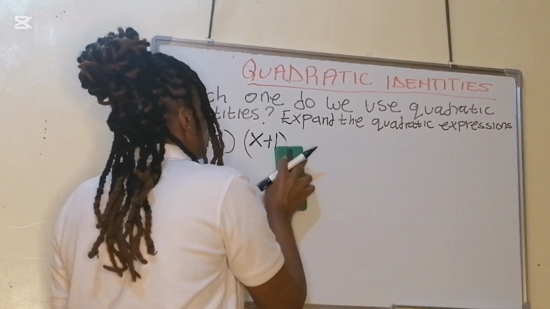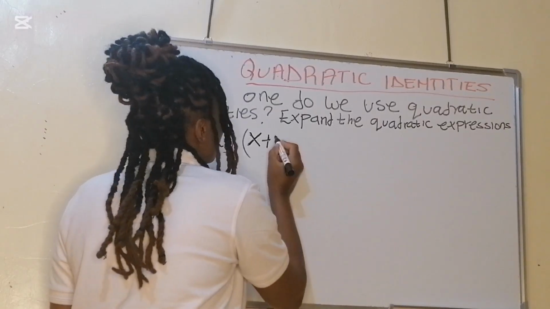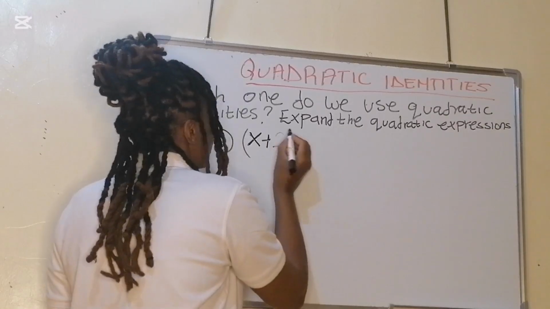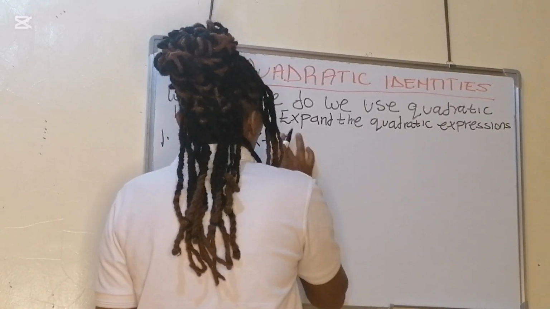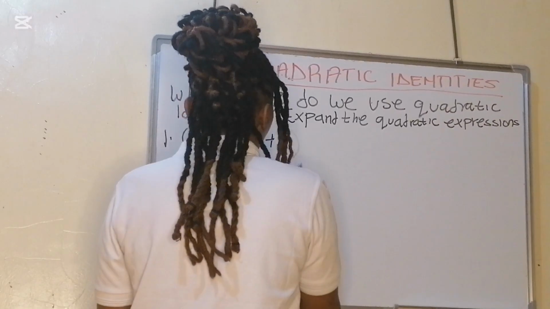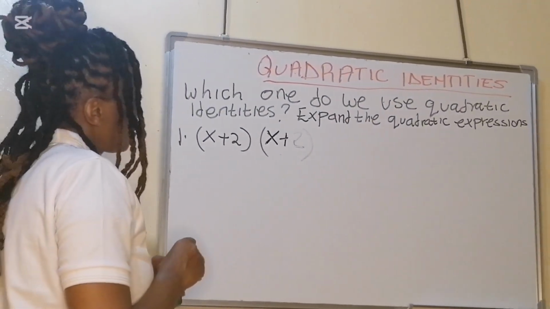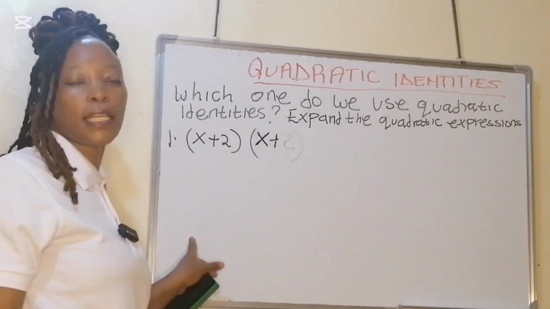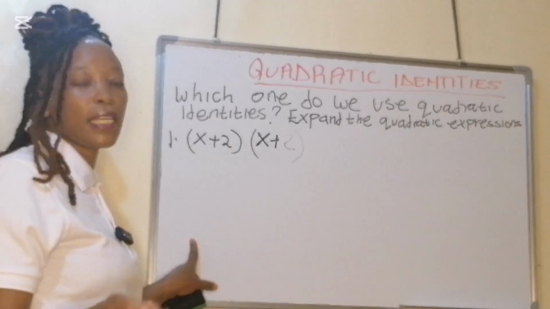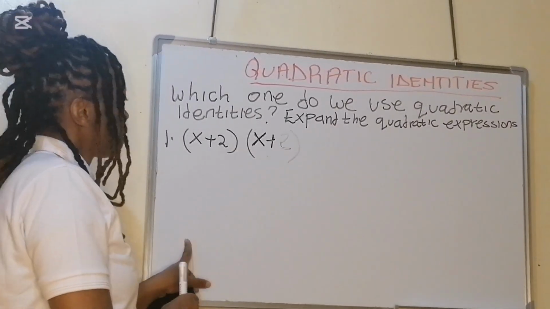I have compared the two and you have seen the difference between the first one and the second one. And now I am sure that you are able to tell which quadratic expression you should use quadratic identity on, and which one you are going to use the long method to expand.